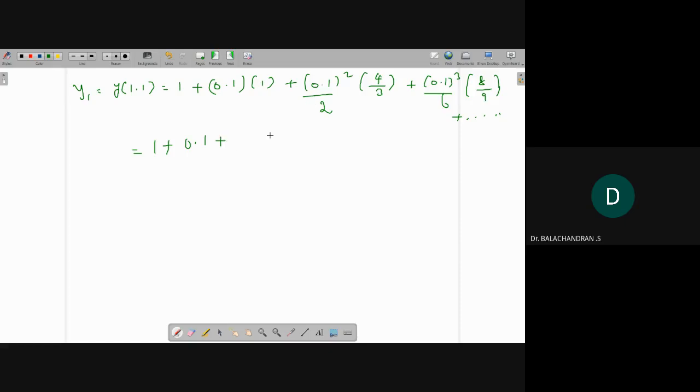I got 0.00666. So please once again check it, 0.1 whole square by 2 into 4 by 3.